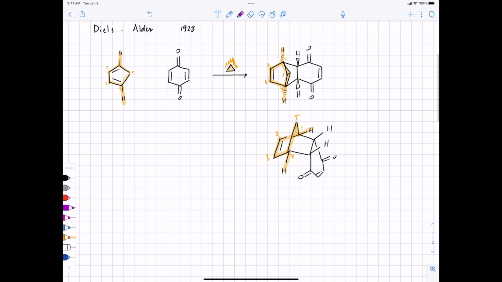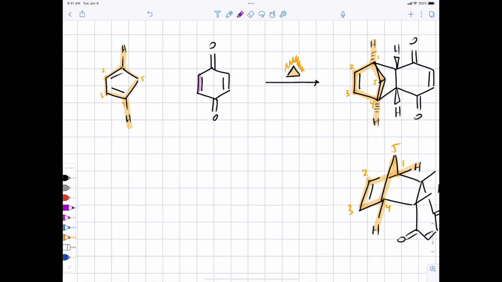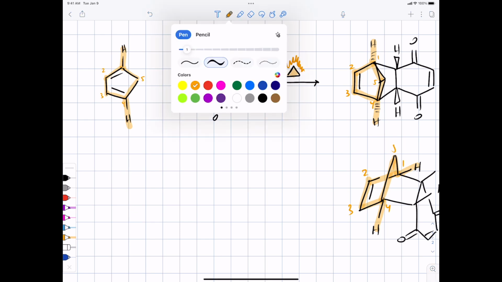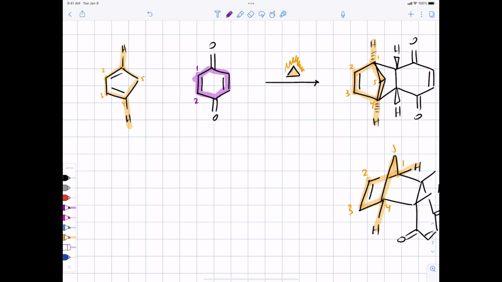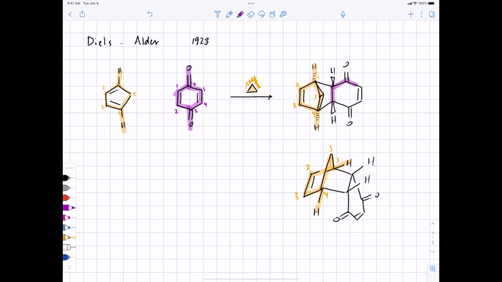All right, let's do the other one. And we can number the atoms of the ring 1, 2, 3, 4, 5, and 6. Okay.